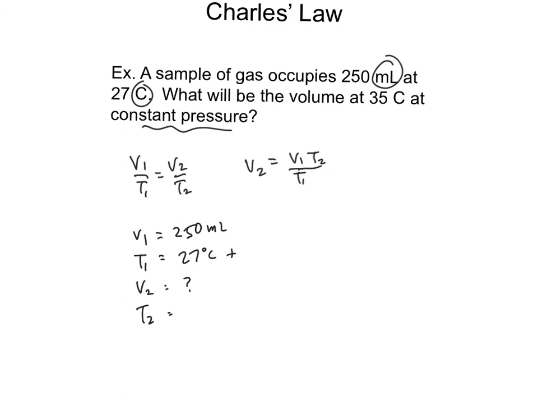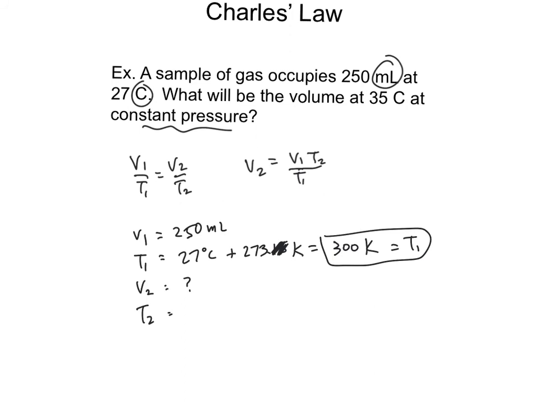You've always got to convert. You got to add 273.15 to get Kelvin, let's leave off the 0.15. We'll just say 273, and this will be 300 Kelvin. And you don't need that little zero there, you just say Kelvin, equals T1.